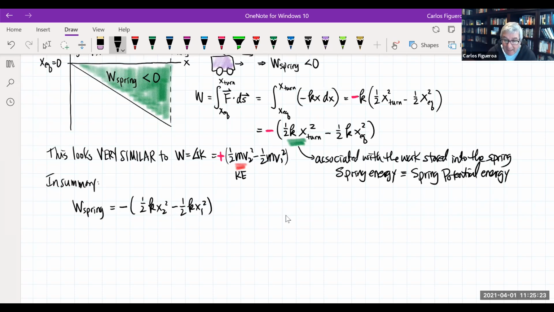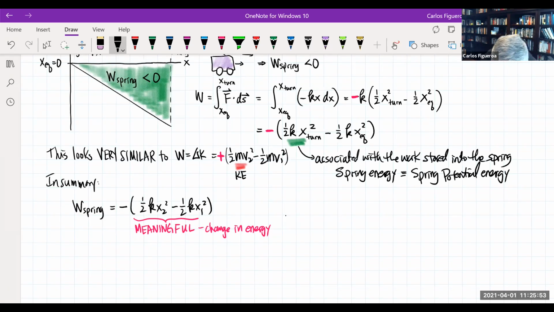Okay. And what have I been stressing again and again and again? This thing is what? Meaningful. Why is it meaningful? Because this represents a change in energy. In this case, it's the change in the spring energy.